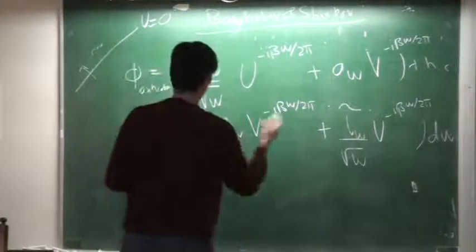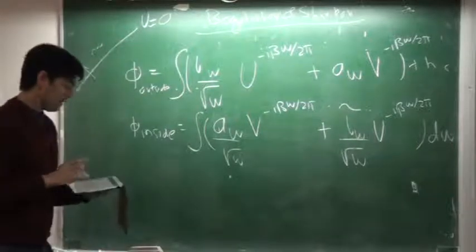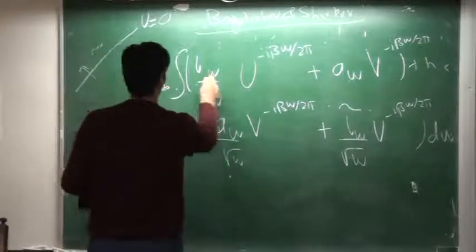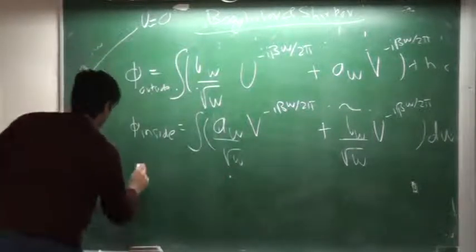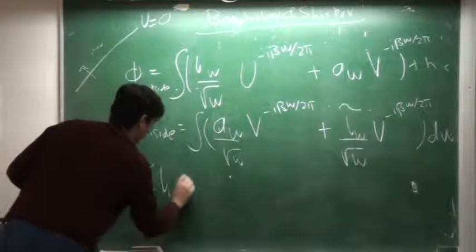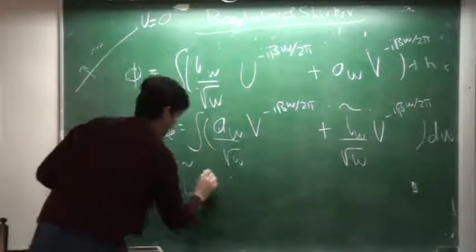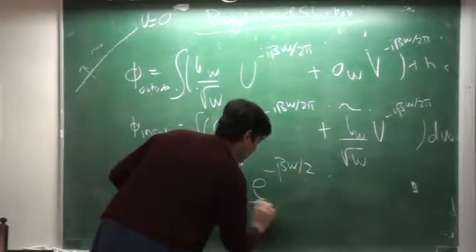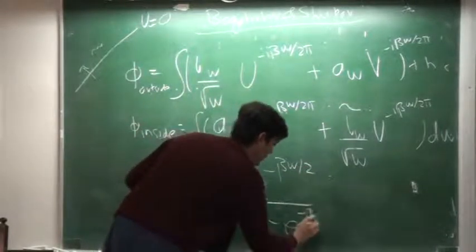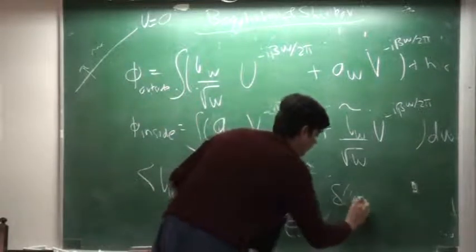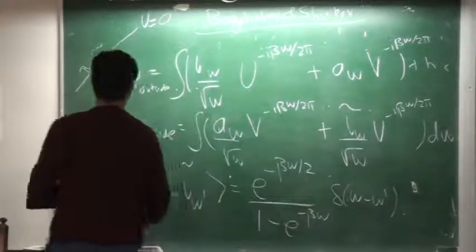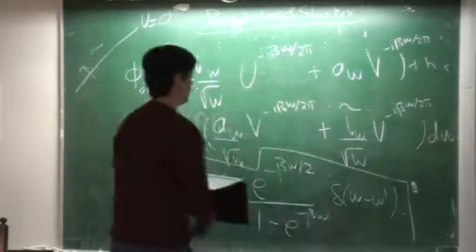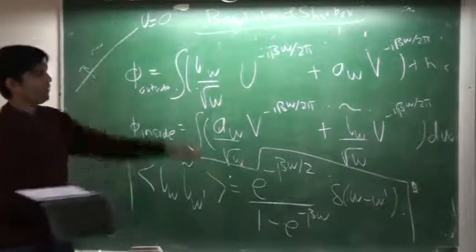I haven't done much, but you can check. I'm going to say that if you set the following correlation function, B omega tilde equal to e to the minus beta omega by 2 over 1 minus e to the minus beta omega, times delta of omega minus omega prime, then the correlation function of the fields phi outside and phi inside will have that result.